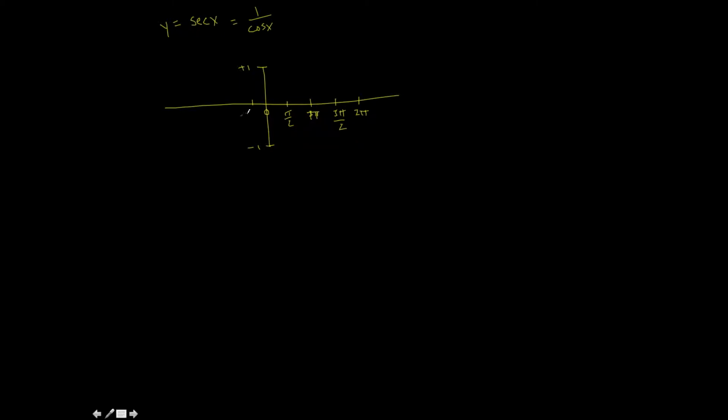Again, I'm going to extend it in both directions, just like we did with sine. Let's draw cosine on the same graph that we're going to draw secant.